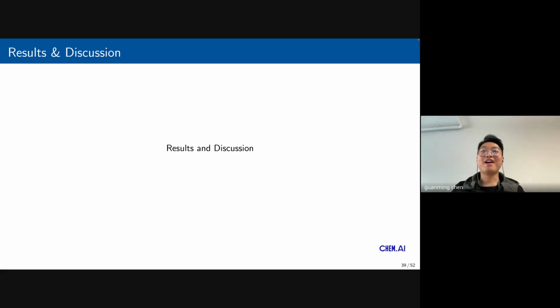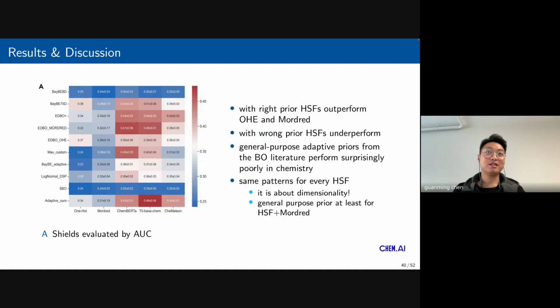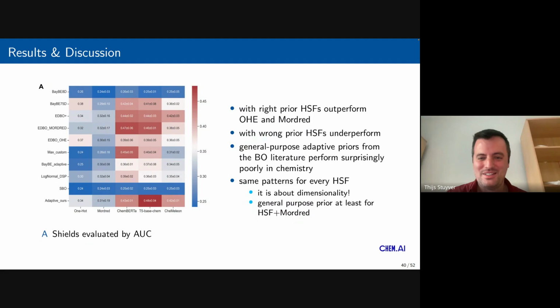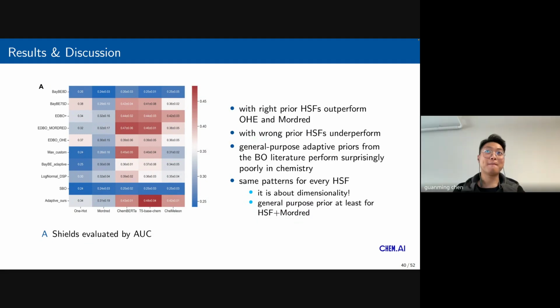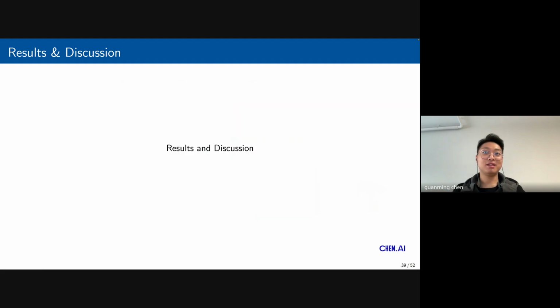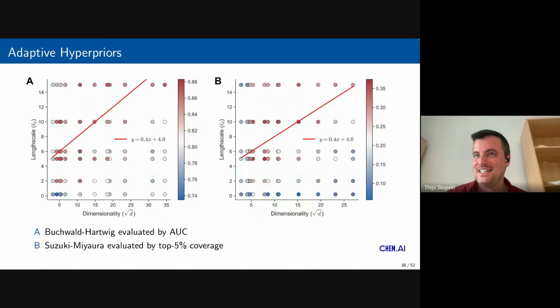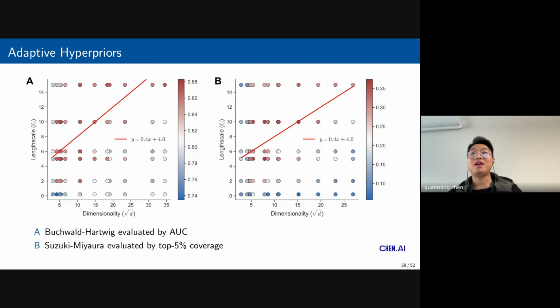Sorry. Before that, I have a note for the last two figures, page 38, with regard to the question you discussed. Here you observe that it seems that low dimensionality is good for Bayesian optimization, but actually it's not.